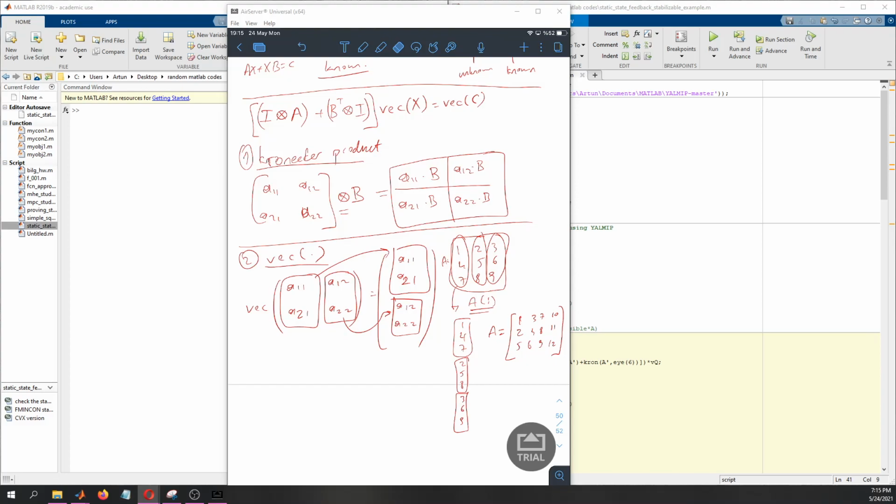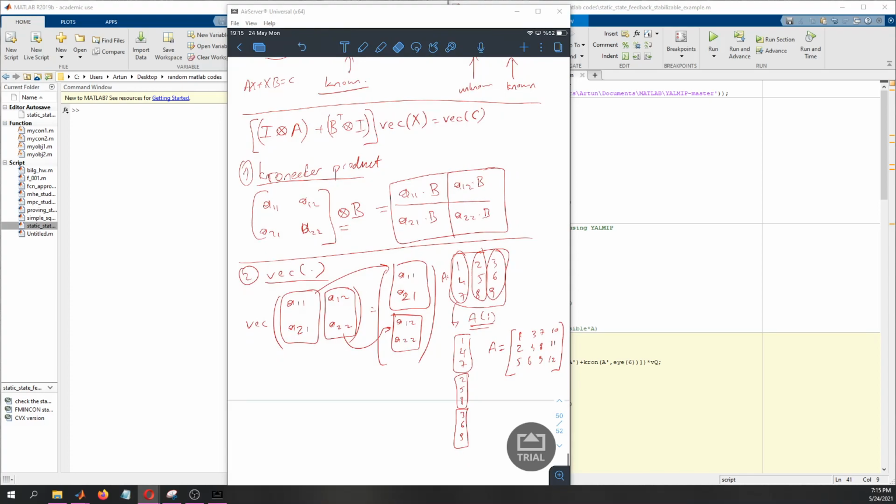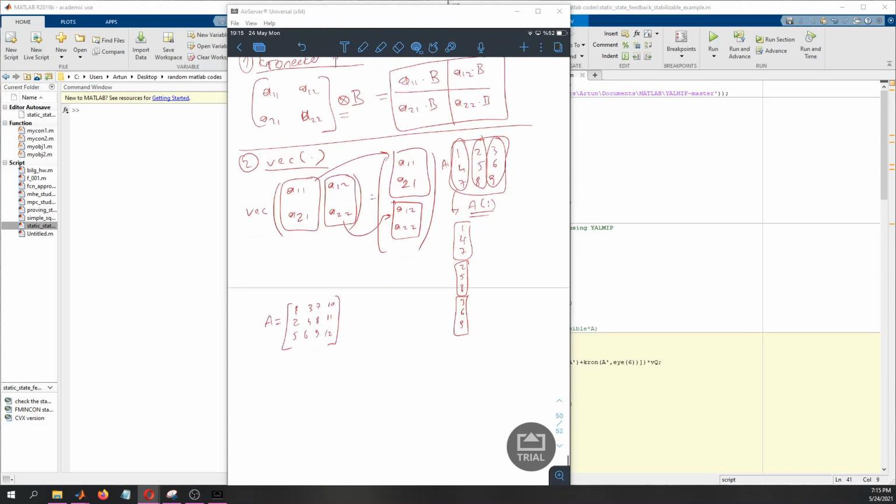Here there's another command, which is reshape: A bar equals reshape A, 6, 2.